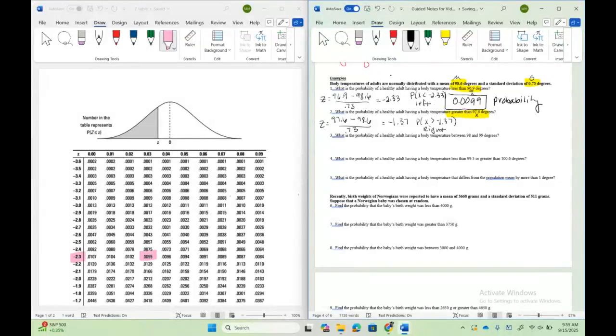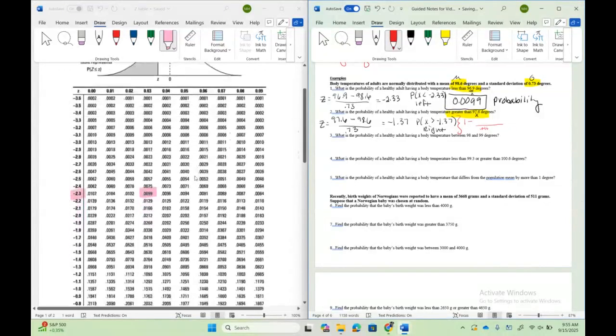So that's an area to the right. To find that area to the right, I'm going to do 1 minus the area to the left from my table. So I need to find negative 1.37.